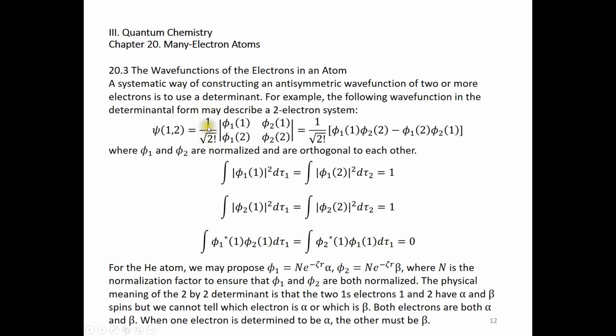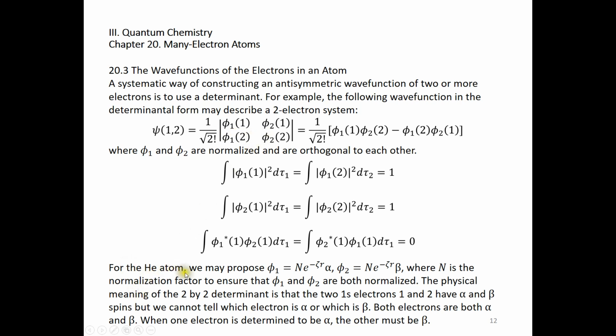Over here we have 1 over the square root of 2 factorial. This is just to normalize this wave function. If we have a 3 by 3 determinant, we need to have 1 over the square root of 3 factorial in the front of the determinant to normalize the wave function.